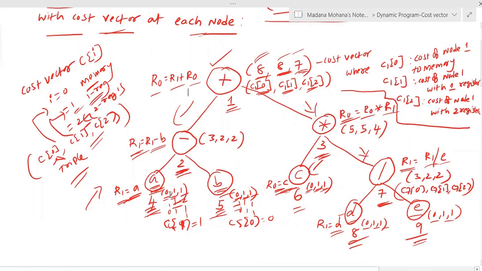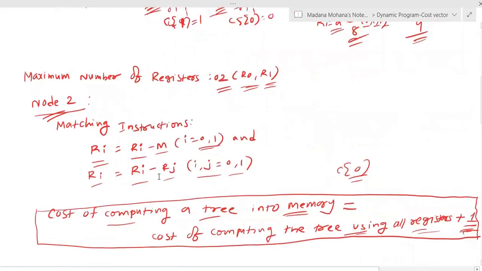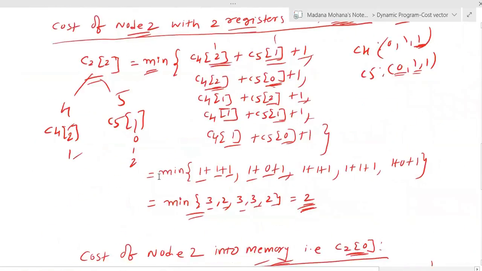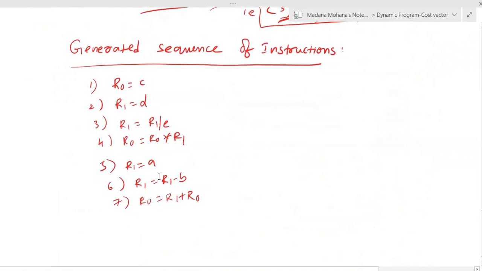With this, now you can generate our target code. Now let us see here, the target code instruction sequences are written here. Generated sequences of instructions: first R0 equal to C, then R1 equal to D in the right subtree. These are all right subtree. Then R1 equal to R1 by E. This is also right subtree. Then R0 equal to R0 into R1. That is another part.